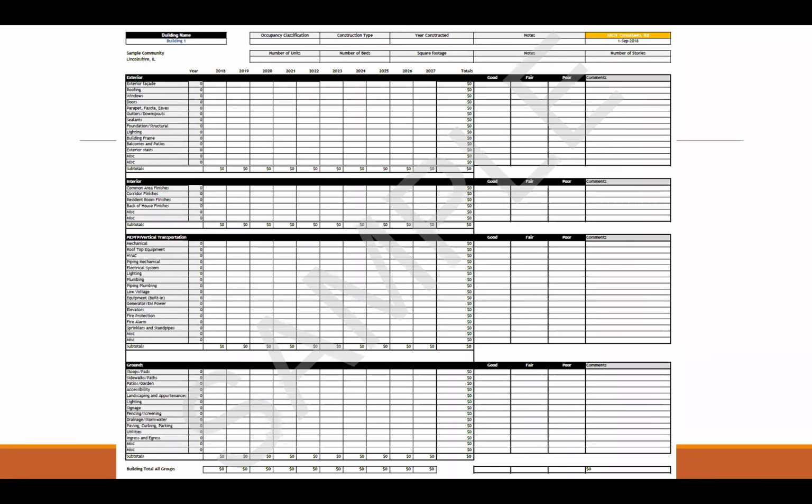And this is really how we represent the information gathered and the numbers by year, spread out over 10 years. And it's again broken up by exterior, interior, and any internal components of the building, such as elevators, mechanical systems, HVAC, and fire alarm. And of course, the exterior grounds that may be needing attention.